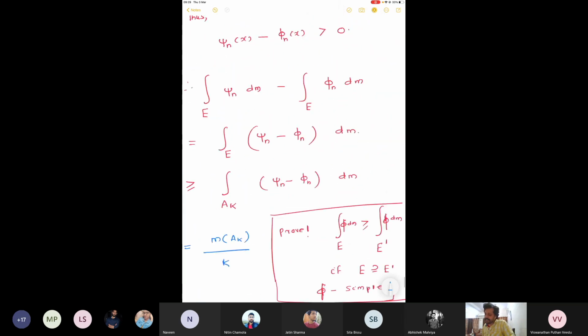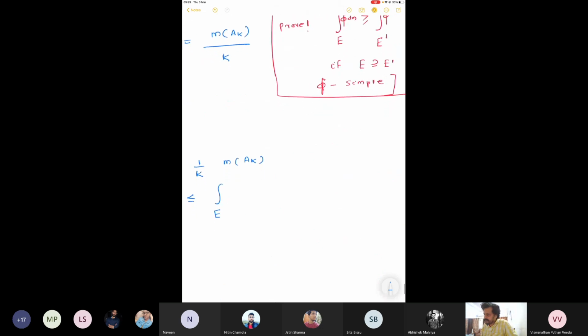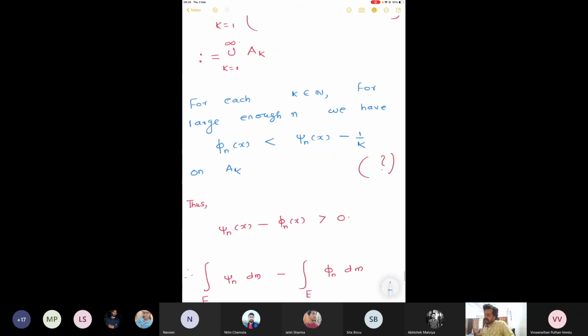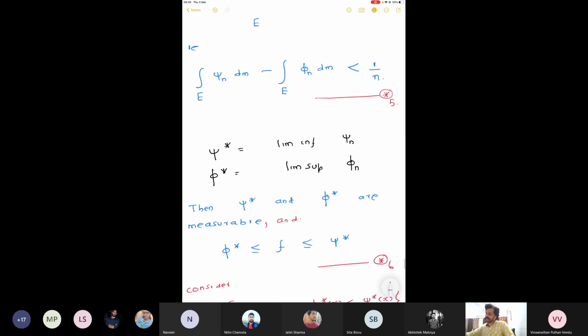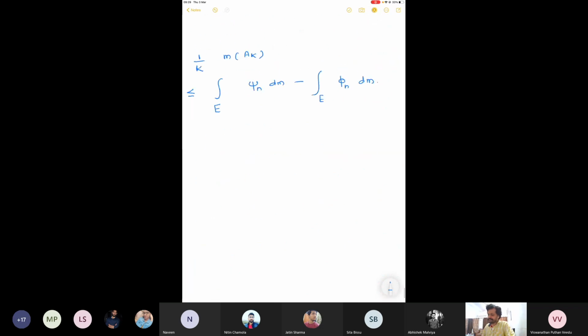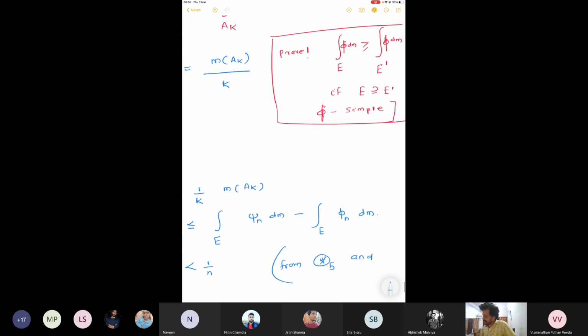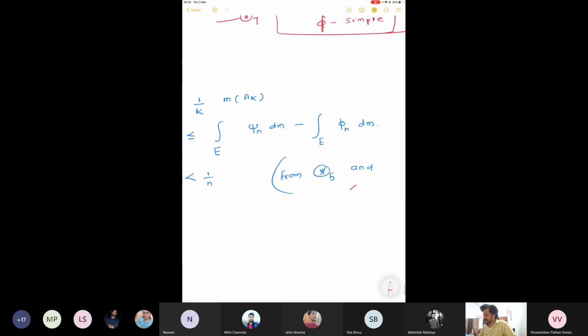This is the integral over E of phi n minus the integral over E of psi n, and this is less than 1 by n by star phi, which is less than 1 by n. This is from star phi and star 7.